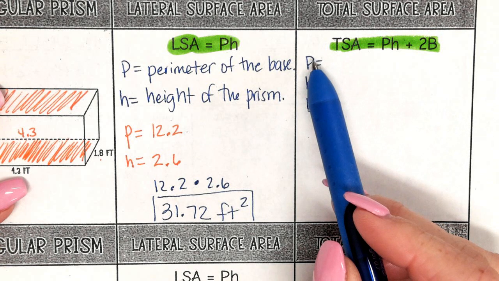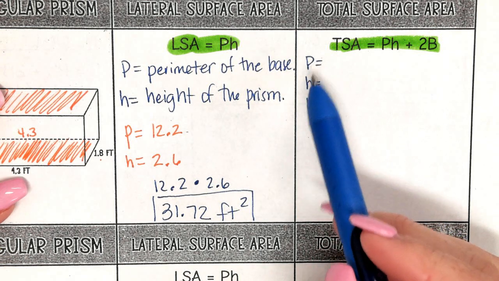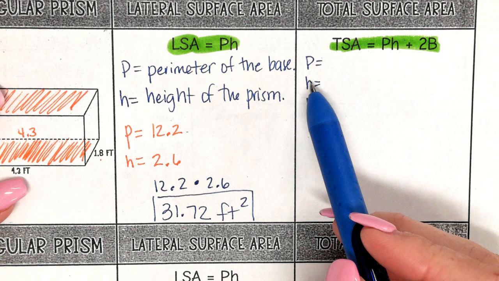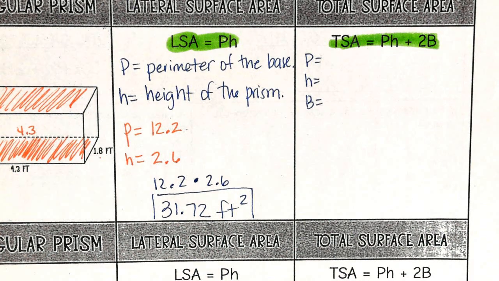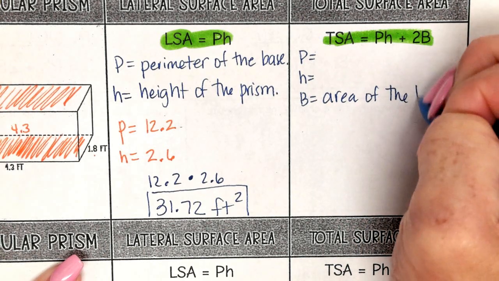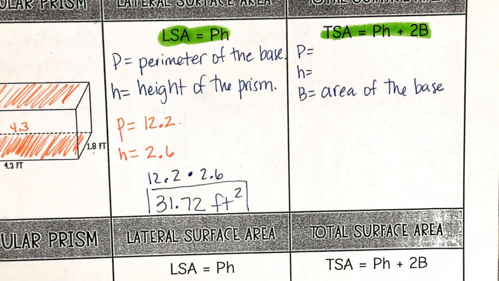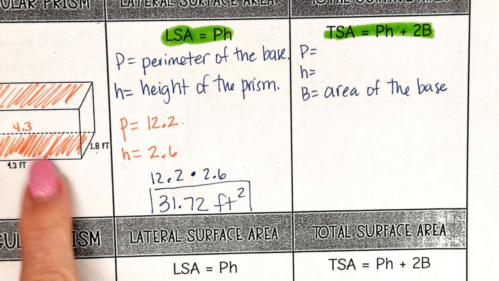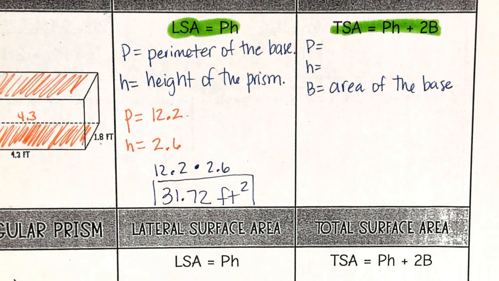What does P mean? Perimeter of the base. What does H mean? Height of the prism. What do you think big B means? It's capitalized. It is the area of the base. So again, we only care about this base that we shaded in. Bless you.